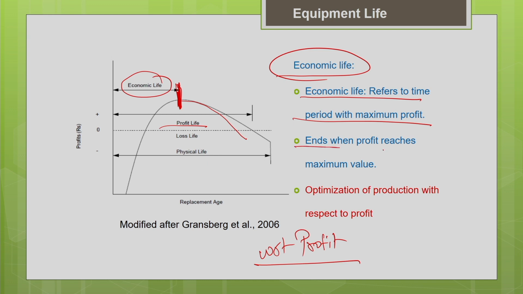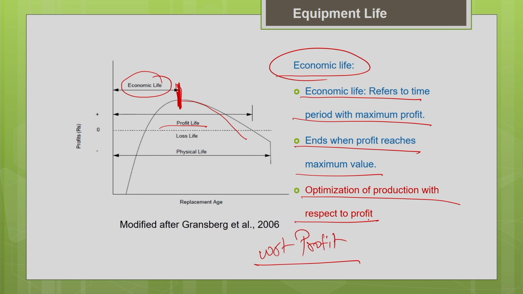And the economic life ends when the profit reaches a maximum value, because I don't want my profit to get reduced or eroded at all. So at the end of the economic life itself, let me replace my old machine with the new machine. Here I am talking about optimization of production with respect to profit.